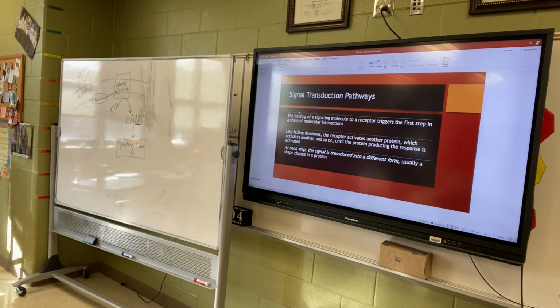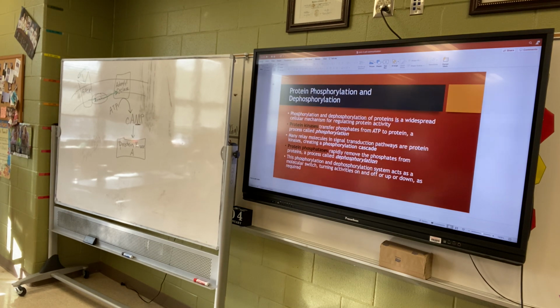Alright, so let's look at a typical transduction pathway. There's going to be a conformational change in shape. Usually it results in the change in shape of a protein, right? We talked about that. Most of the time you're going to have what's called a phosphorylation cascade.